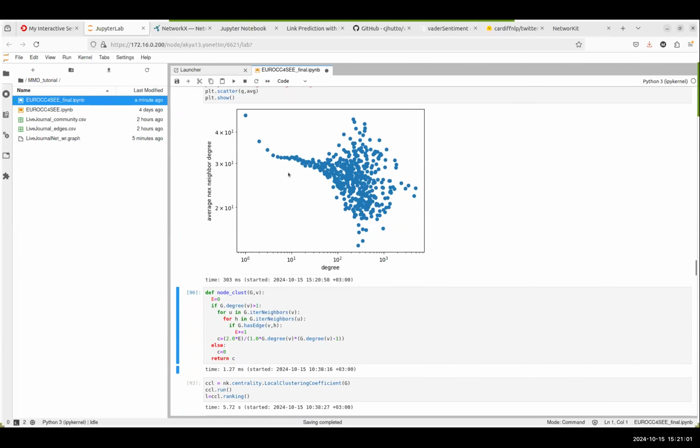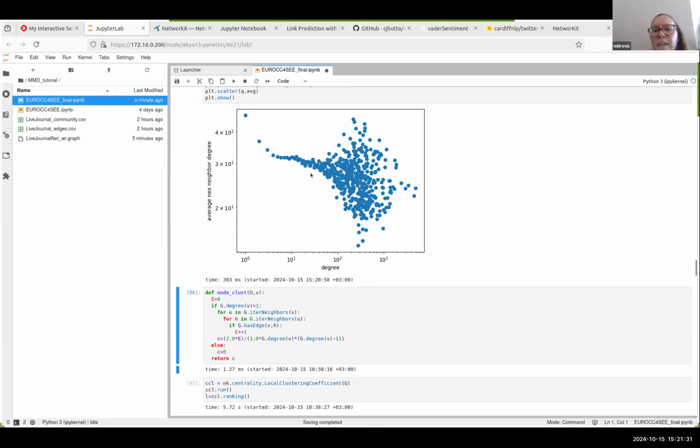As you can see, unlike our social network, our network here is actually disassortative. This means that the average neighbor degree decreases with the degree of the node. Actually, to be honest, our network is disassortative, but with a very small coefficient.